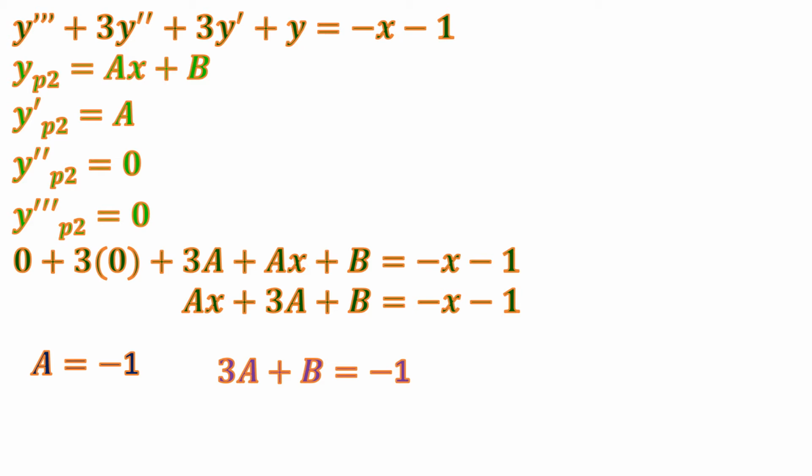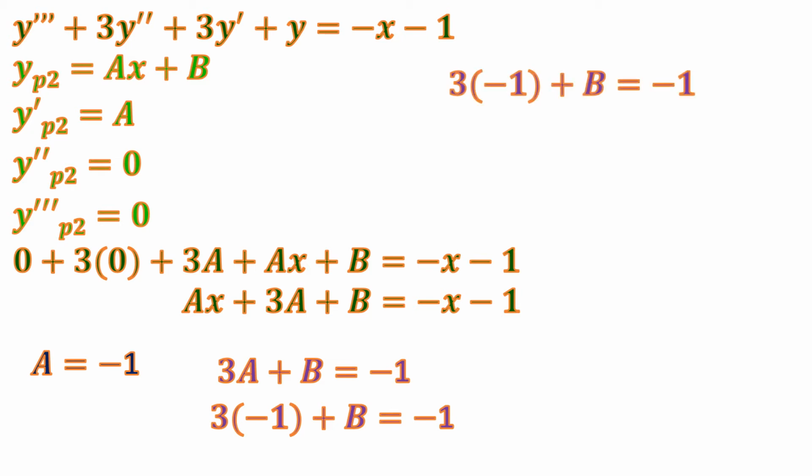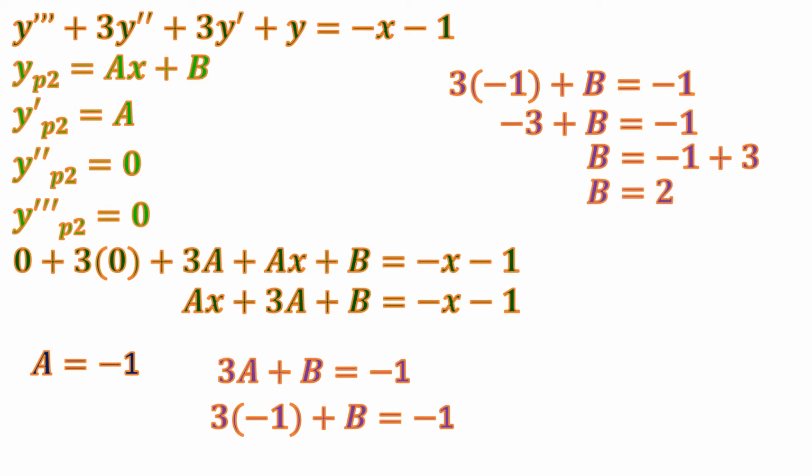So since we know that a is -1, let's substitute. And then we don't have enough space, so we're gonna put it on top. Let's copy it first, and then multiply 3 times -1 is -3, and then transpose -3, so it's gonna be +3, and then combine. So b is 2. So now we have a is -1 and b is 2.